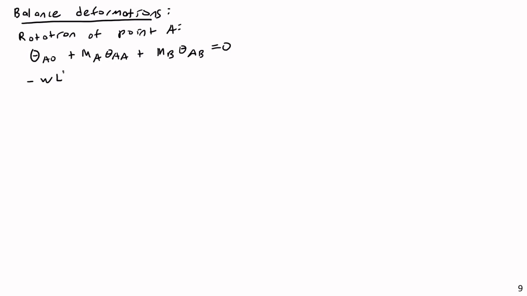Negative WL to the third divided by 24 EI, plus MA times that is going to be negative L over 3 EI, plus MB times negative L over 6 EI.